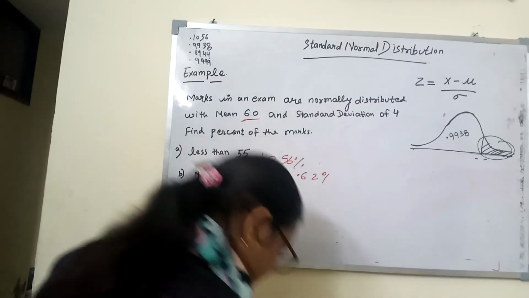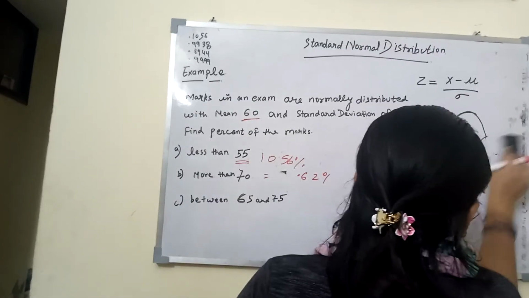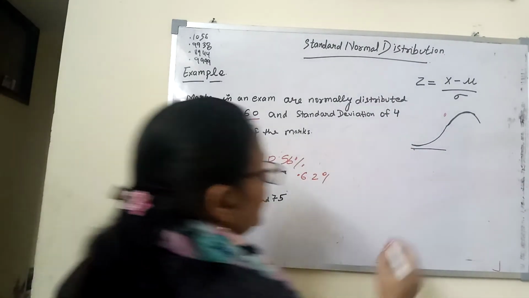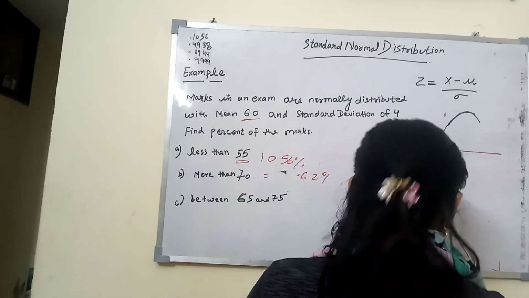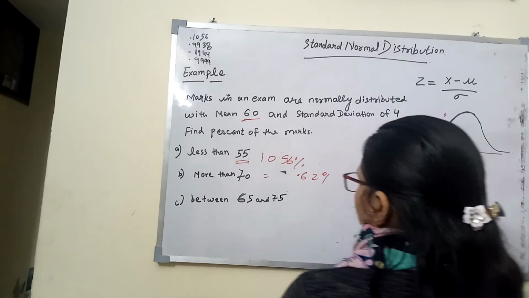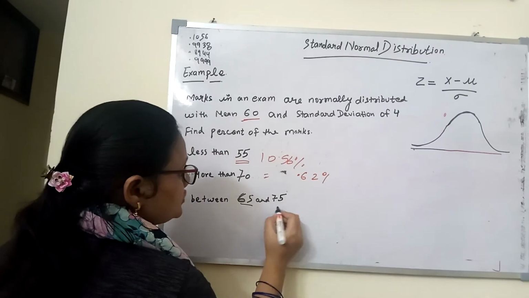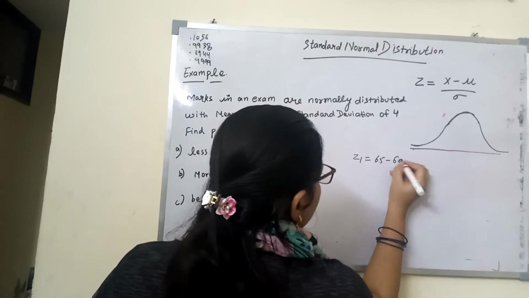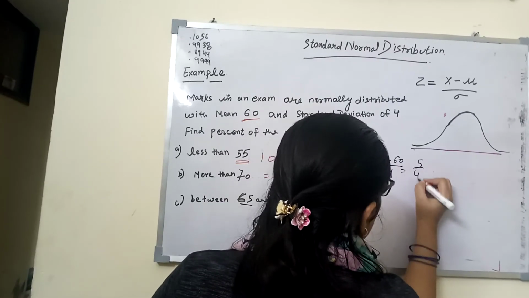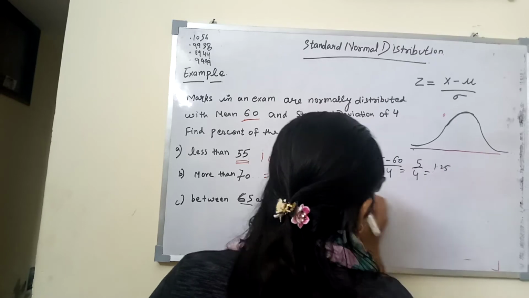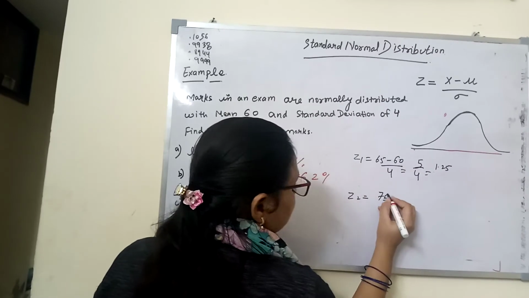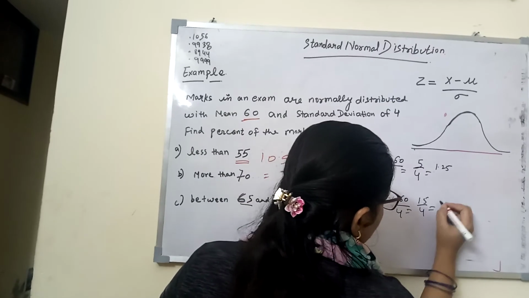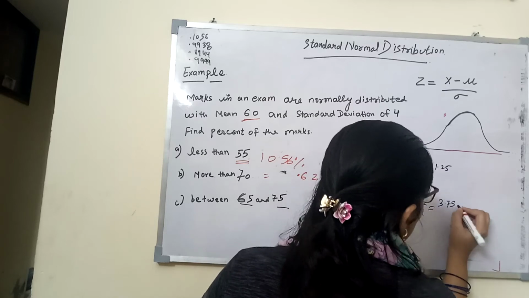Now next is the area between 65 and 75. Again, first we will calculate z values for these two. For z1 we will get 1.25, and for z2 we will get 3.75.